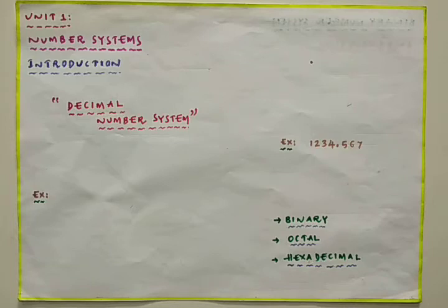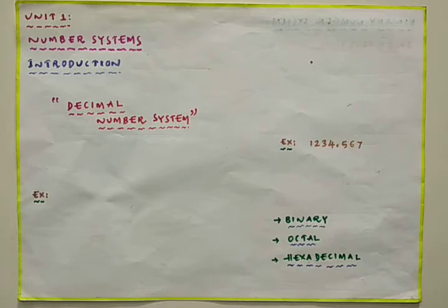That means each and every digit in a given number will have some positional weight, and each symbol in the number is called a digit.